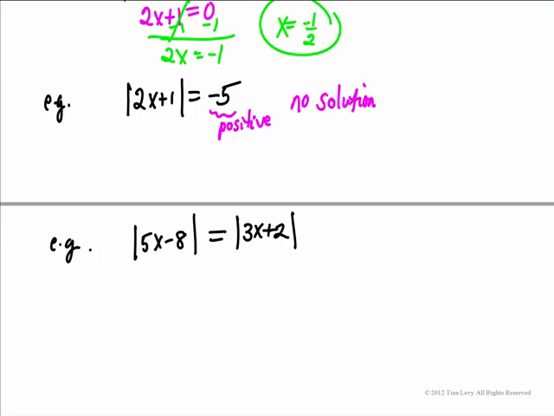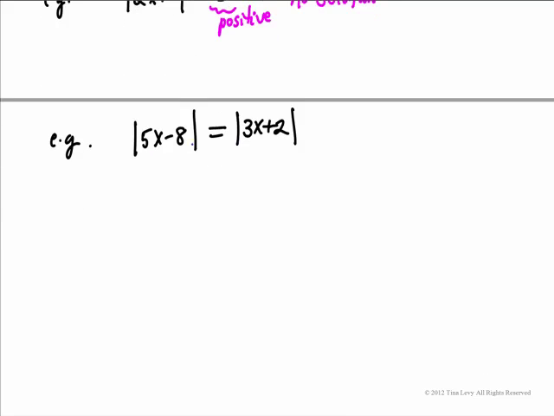For this absolute value, we can either say the two inside quantities are the same: 5x minus 8 is the same as 3x plus 2, or this inside, 5x minus 8, and this one differ by a negative, because one could be a positive number, the other could be the negative. So 5x minus 8 equals minus (3x plus 2).